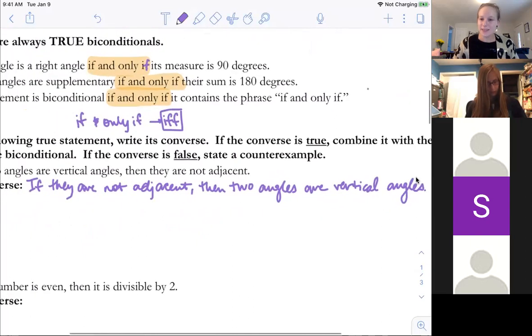Now, is that true or false? If they are not adjacent, then 2 angles are vertical. What I'm thinking in my head is, if they're not adjacent, can I draw 2 angles that aren't vertical either? Can I draw non-adjacent and non-vertical angles? What are we thinking?